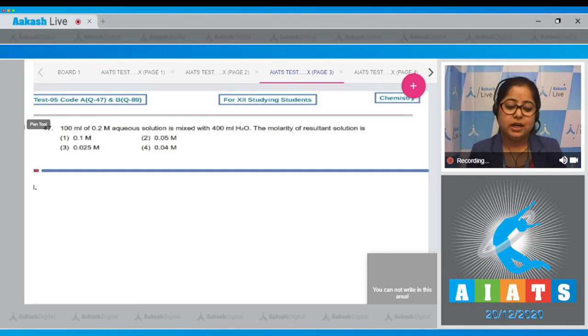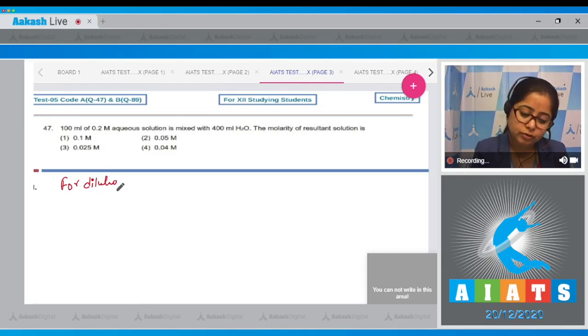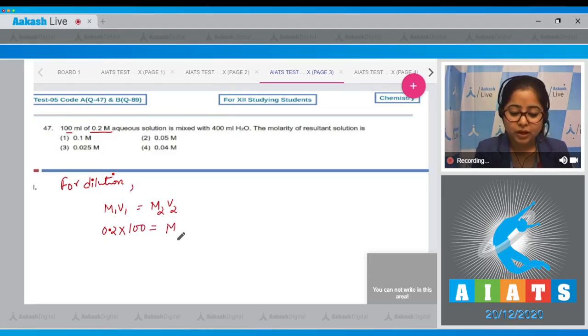Student, here we are diluting a solution, and we know that for dilution we calculate molarity using the formula M1V1 equals to M2V2. Here M1 is 0.2 molar, V1 is 100 ml, M2 we have to calculate the molarity of the resultant solution, and V2 is the final volume.